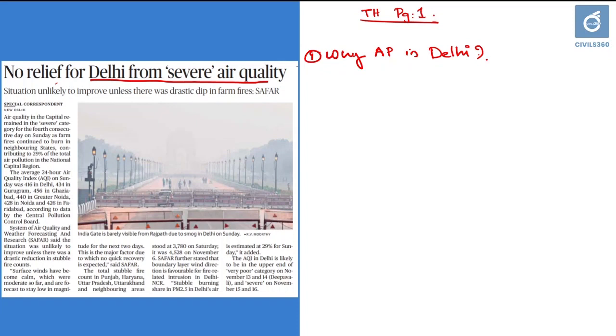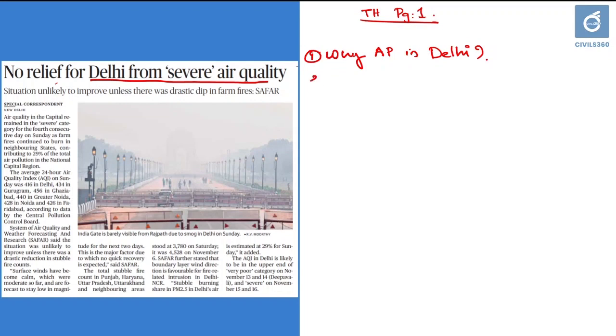It includes stubble burning, and upper air divergence and convergence, etc. You identify the geographical factors and also social factors, agricultural remedies and stubble burning. All these should be understood in the first part: why air pollution in Delhi?